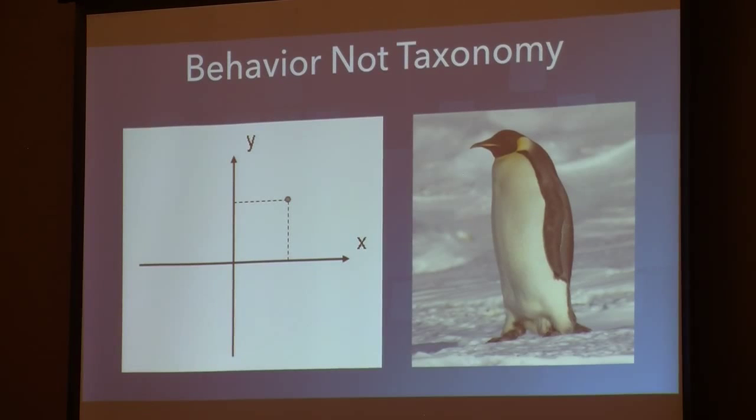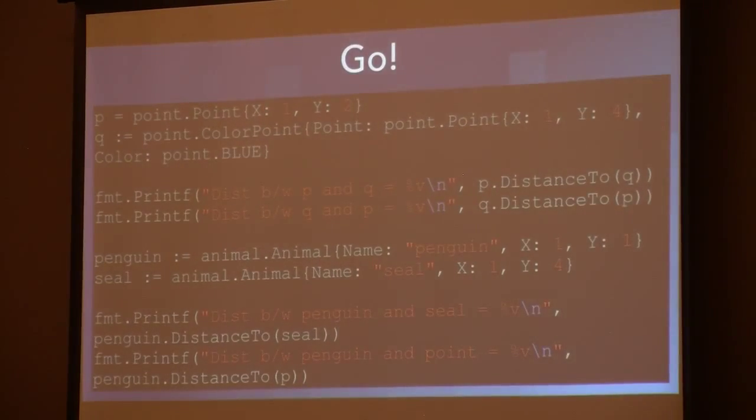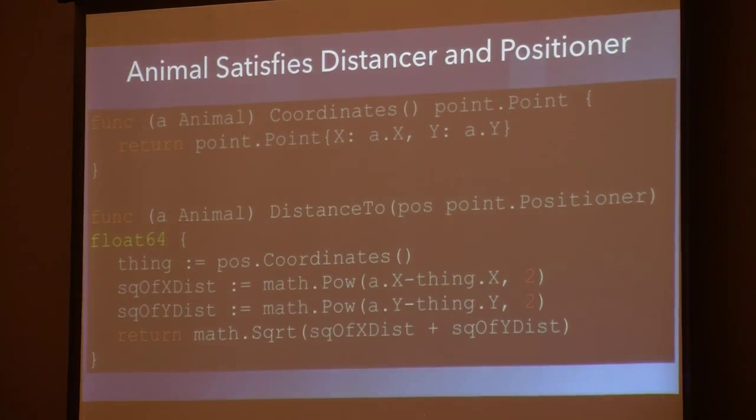So would you be comfortable, let's expand the system behind points and say, okay, well now we're tracking animals in a preserve somewhere. Would you like to write the code that says animal implements distancer? That feels strange. And yet, I can make an animal satisfy these things. It doesn't seem too strange for an animal to have a method that tells me its coordinates or its distance to a position on a map.